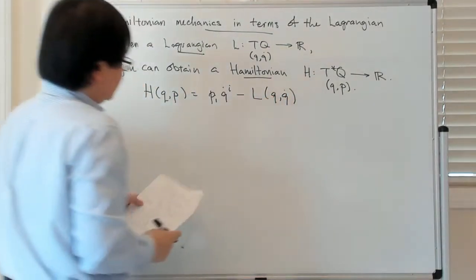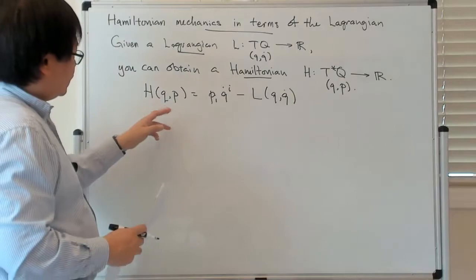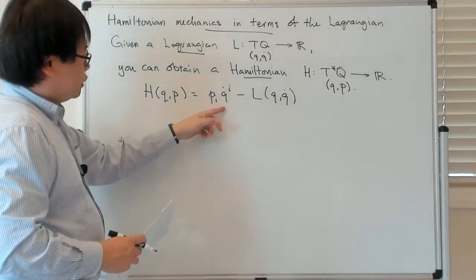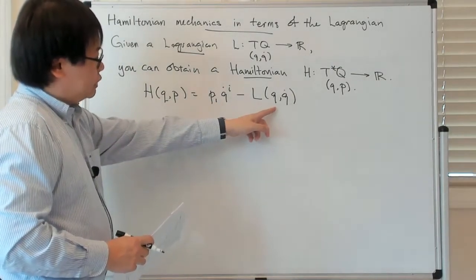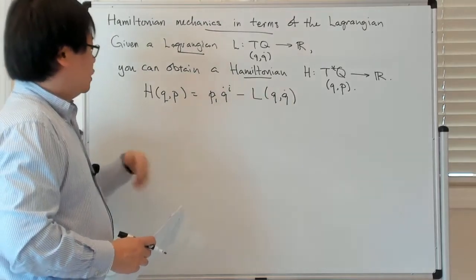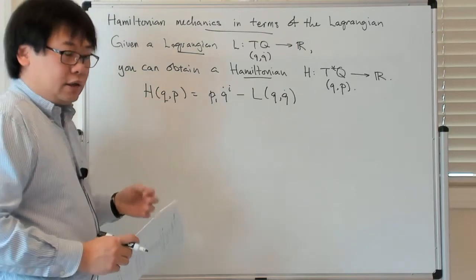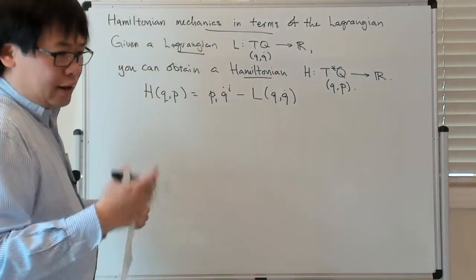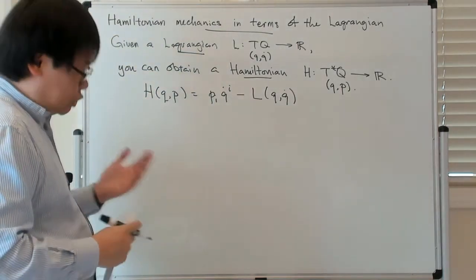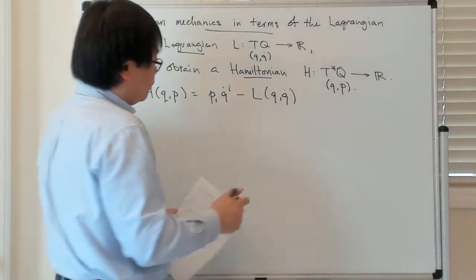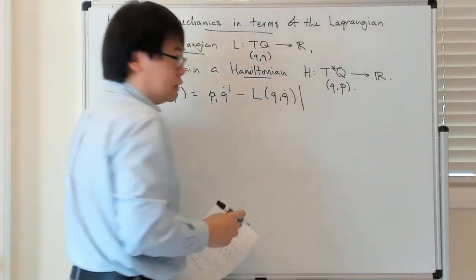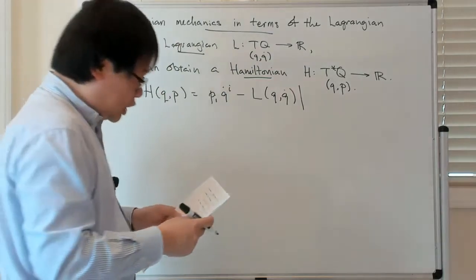All right. So if you look at the right-hand side of this expression, you have P's, you have Q's, and you have Q dots, right? But on the left-hand side, you only have Q and P. So you basically have to have a prescription for what Q dot is in terms of Q and P. Okay, and the way you do this is you restrict yourself to the image of what is called the Legendre transform.